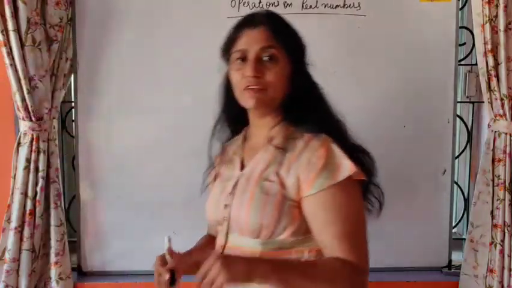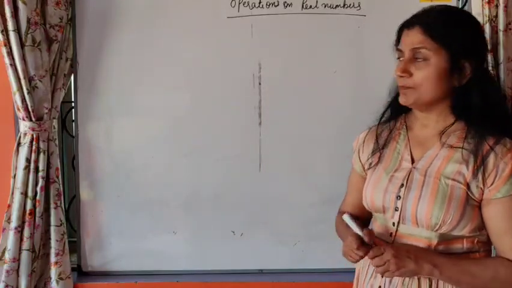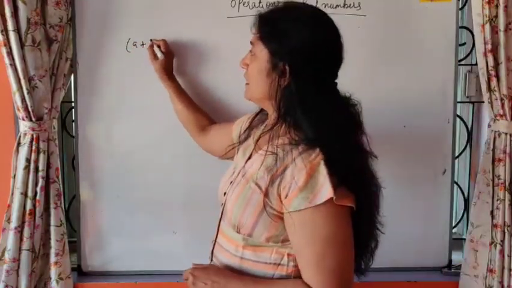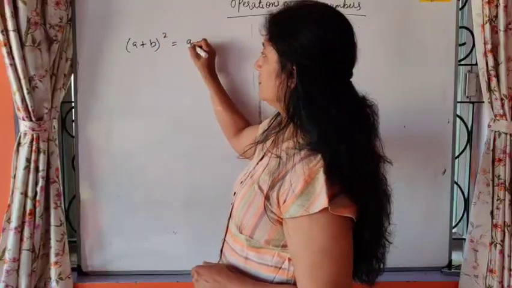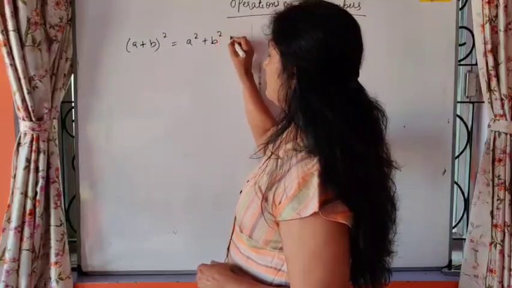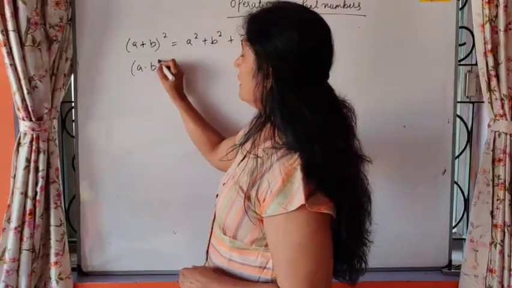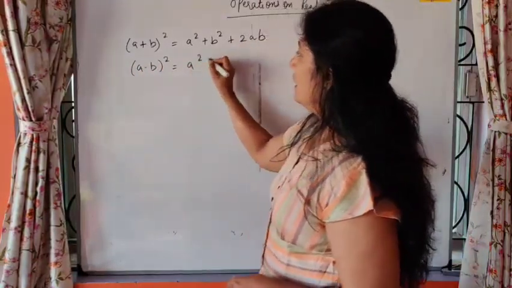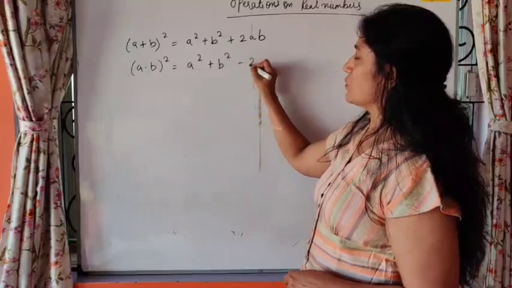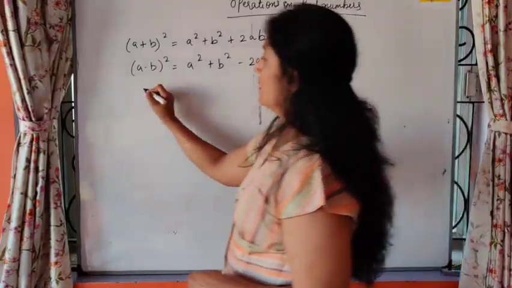What all identities we have used in our 8th standard? A plus B whole square is A square plus B square plus 2AB. A minus B whole square is A square plus B square minus 2AB.